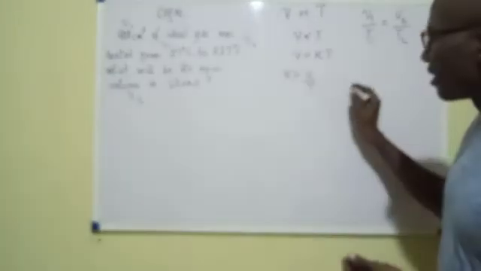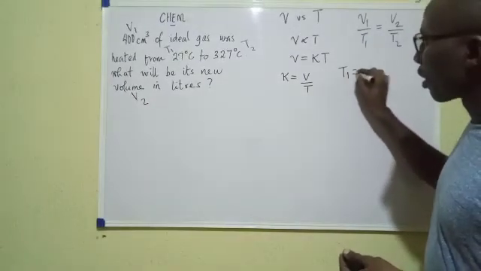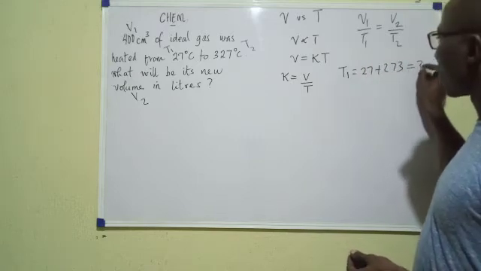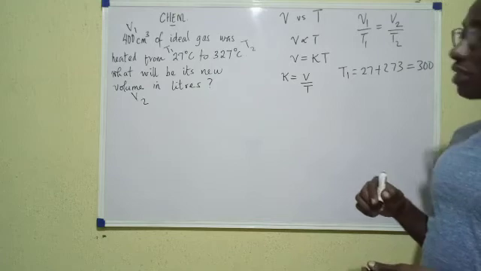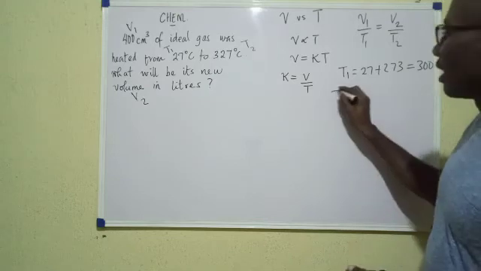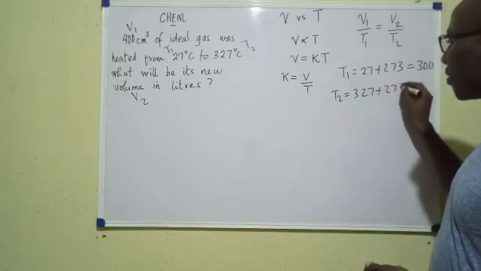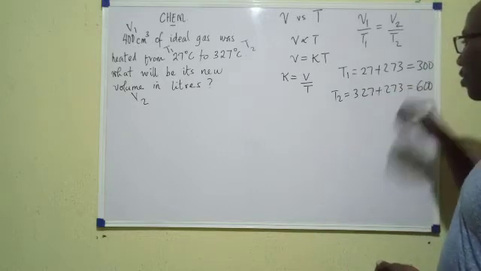So it means that my T1 becomes 27 plus 273, which is 300. And then T2 would be 327 plus 273, which gives me 600.